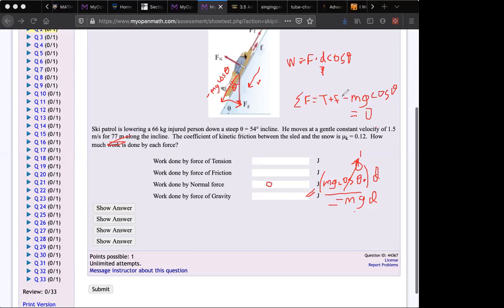And we can figure out the one for friction because they tell us the kinetic coefficient of friction right there. So we know that the frictional force, if we calculate that over here, is equal to mu k times the normal force. Well, they told us what mu k is. And the normal force is actually equal to this component of the gravity, because this gravity pulls them into the snow.